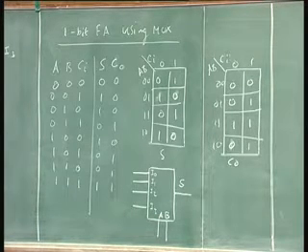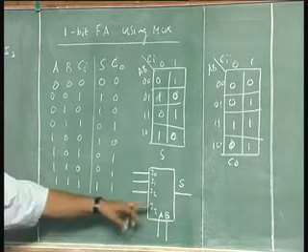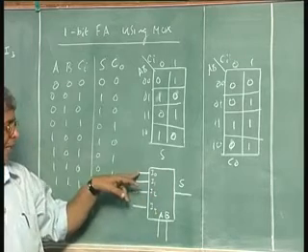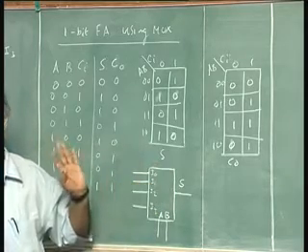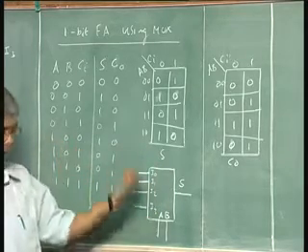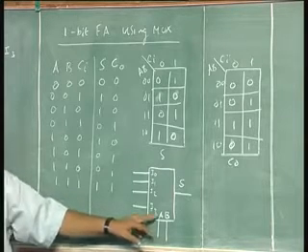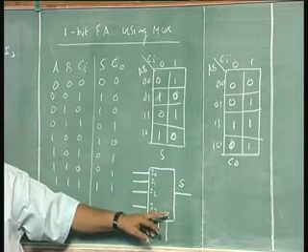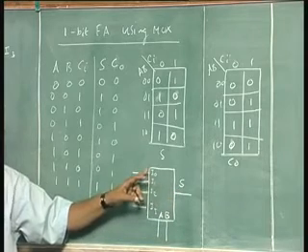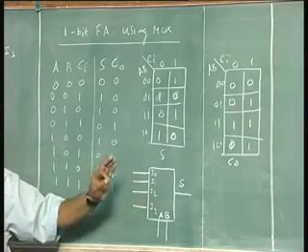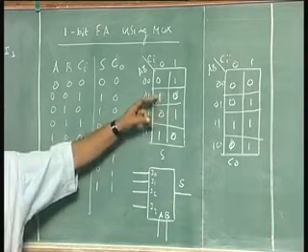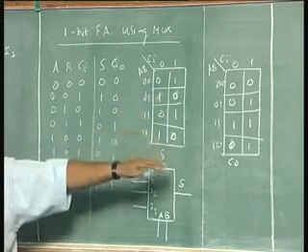Now, when AB is 0, 0, you know that S is equal to I0. Is that right? We know that from this equation, when AB is 0, 0, which is S1 S0 is 0, 0, output S is connected to I0. So if I make I0 what is required according to this Karnaugh map, then that will be implemented.